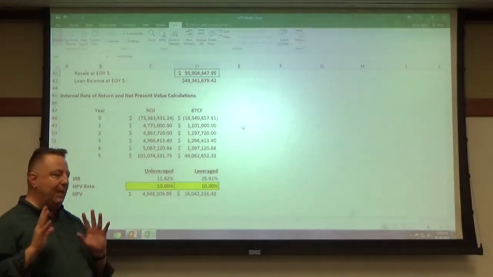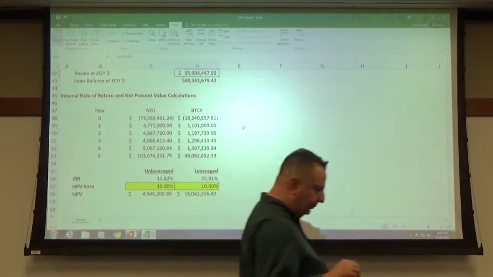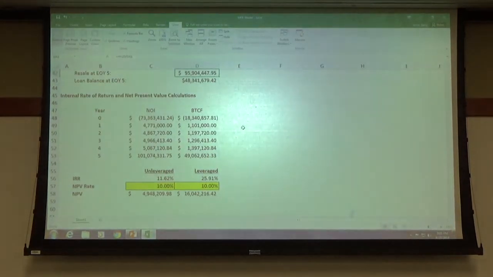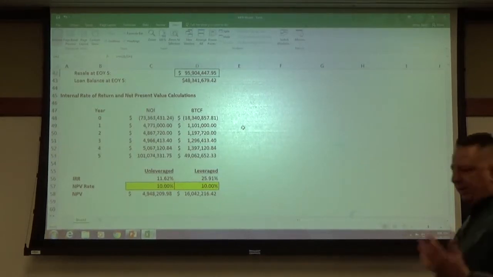Okay, so what that means is that this investor absolutely, positively wants to get a 10% rate of return. Now, why they want to get 10%, that's up to them. But that's what they want. They want a 10% rate of return. It would be as simple as this.